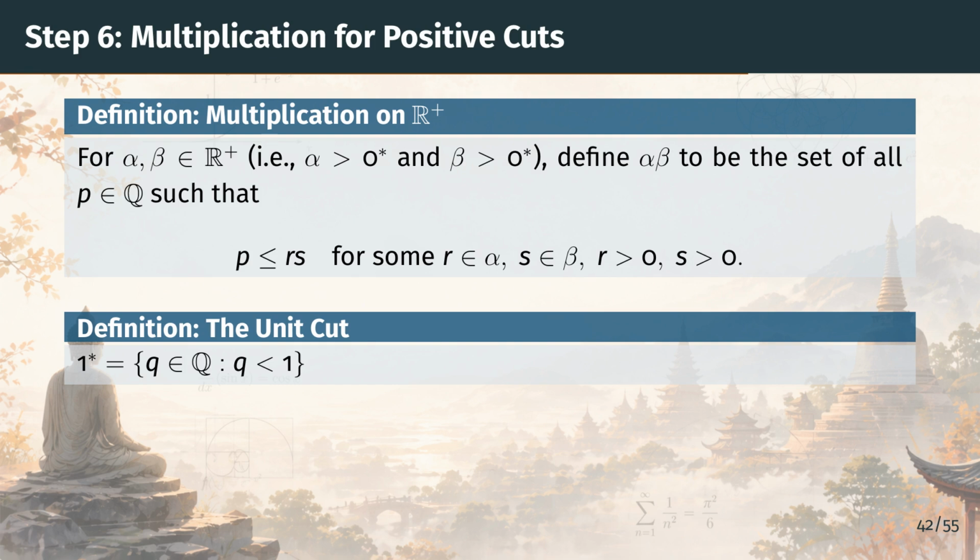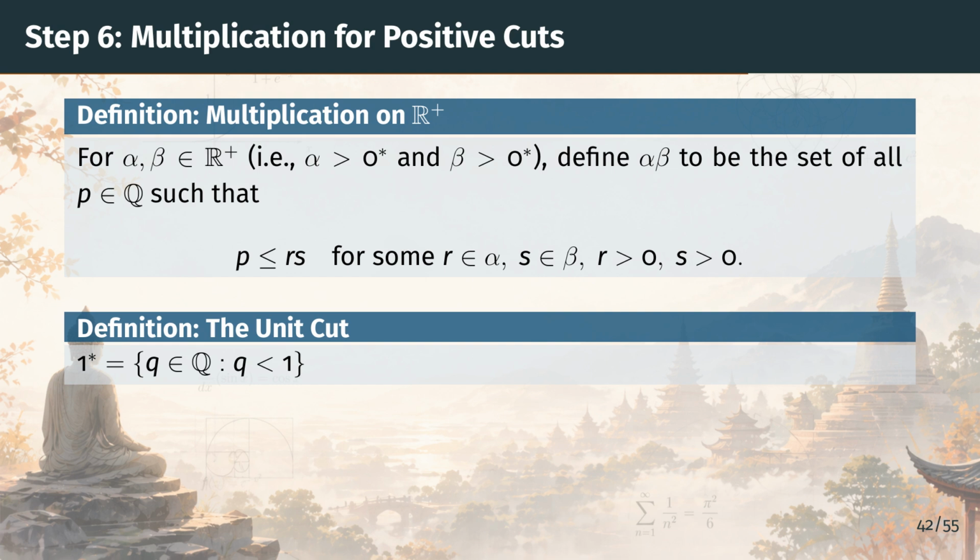A warning about why multiplication is harder than addition. For addition, the pairwise sum idea works uniformly because sums of smaller numbers are always smaller. Addition preserves order with no exceptions, but multiplication flips sign. Multiplying by a negative reverses order.